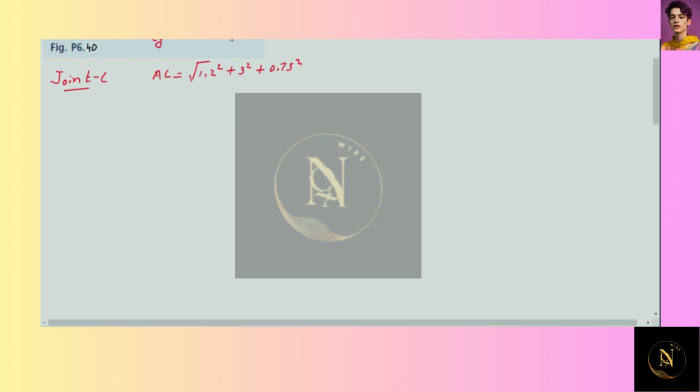So root of this value gives you 3.317 meter. And now distance CE equal to root of 1.8 meter square plus 3 meter square. So this gives you 3.5 meter.